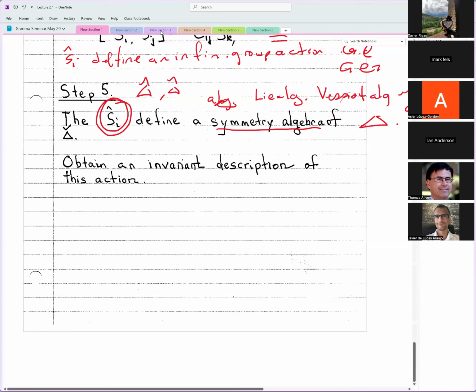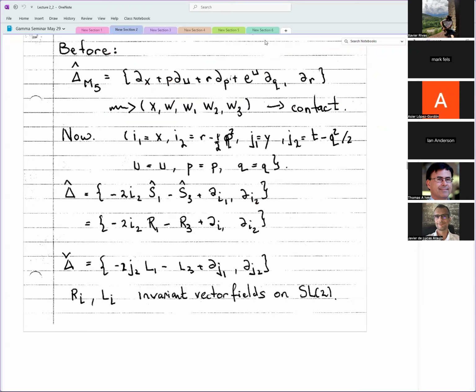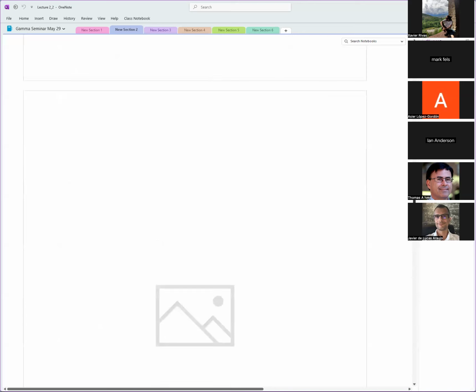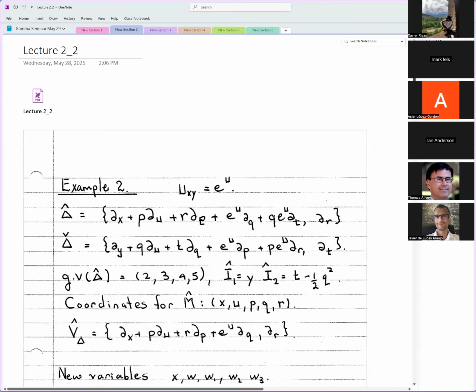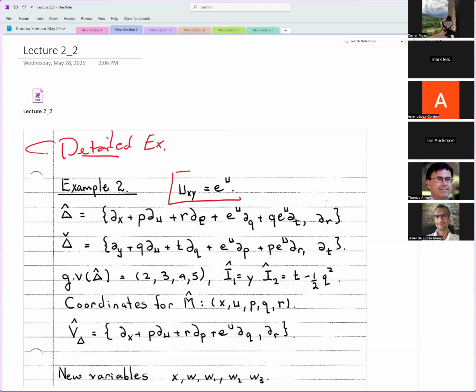Okay, so I think that's that. Okay, so now let's look at a detailed example. And the example I'm going to work is this famous equation, Liouville's equation.